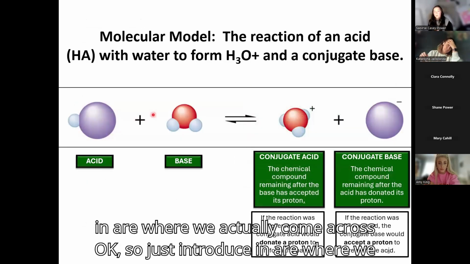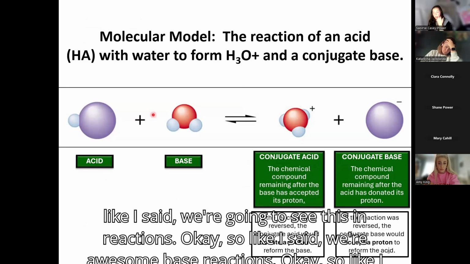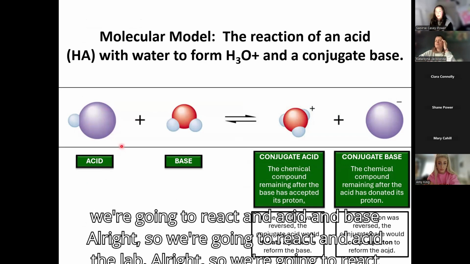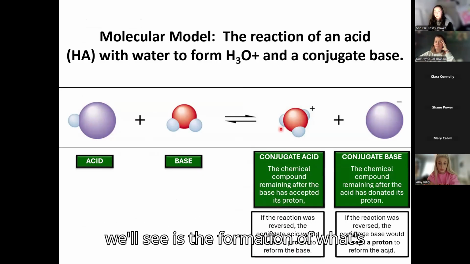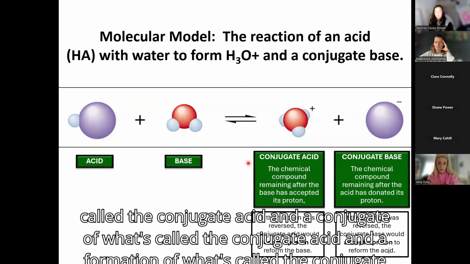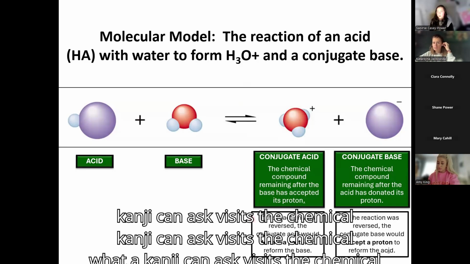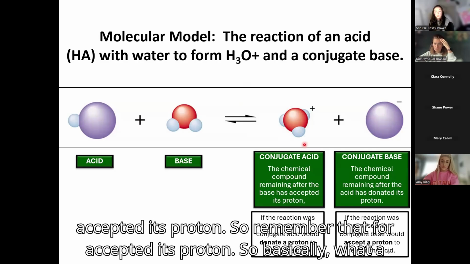Now, introducing where we actually come across these acid and base reactions. Like I said, we're going to see this in the lab, where we're going to react an acid and base together. What we'll see is the formation of what's called a conjugate acid and a conjugate base. A conjugate acid is the chemical compound that remains after the base has accepted its proton.